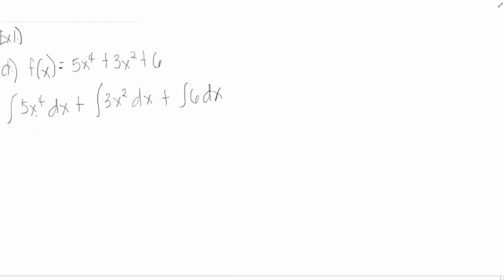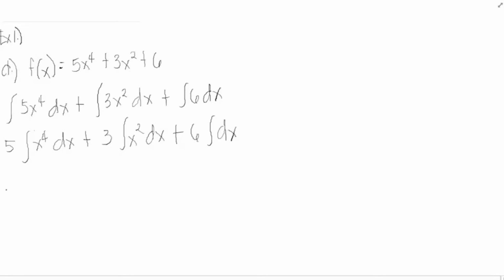Okay? So, here, i-isolate natin yung constant, gaya ng ginawa natin kanina. So, 5, and then, the integral of x raised to 4 dx plus 3, and then integral of x squared dx plus 6, and then the integral of dx.